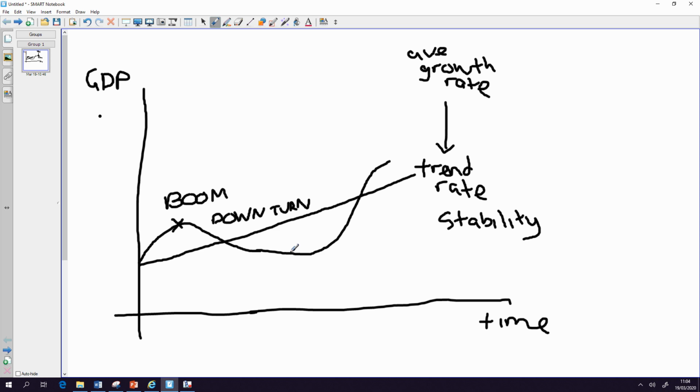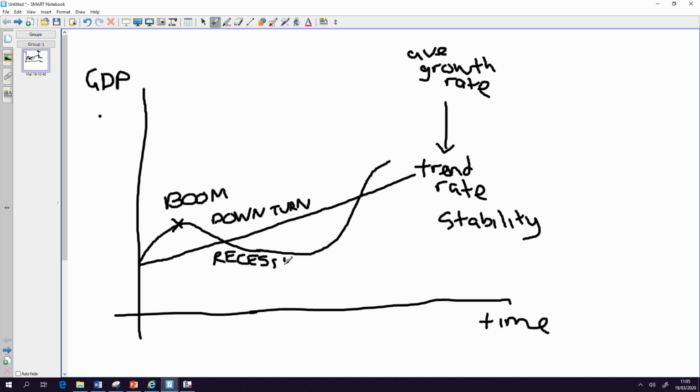There are a few signals in the economy that things are not quite as good as they were originally. So what we might now start to see in the downturn is that businesses are starting to make a little bit less profit, their incomes are starting to fall, and they may be starting to get rid of a few of their workers.